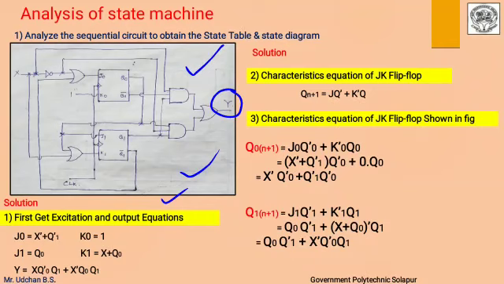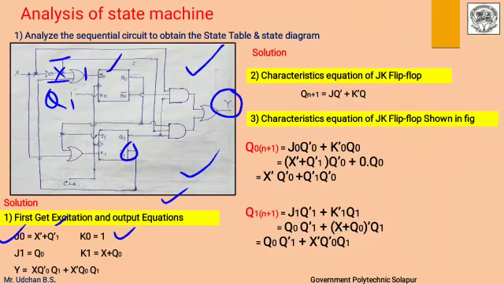So here, for this first flip flop, J0 can be written as the output of this OR gate. The inputs to that are this X bar and another input is this Q1 bar. So for J0 the equation will be X bar plus Q1 bar. For K0 a 1 is written over here, so I can write K0 as 1.